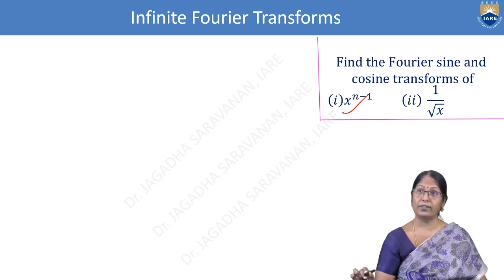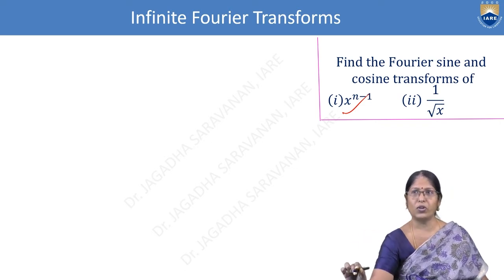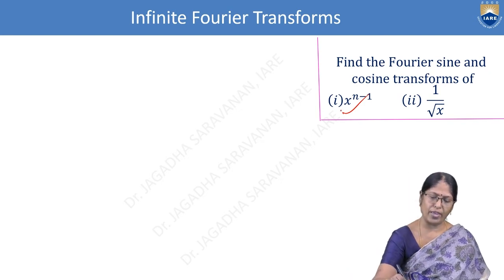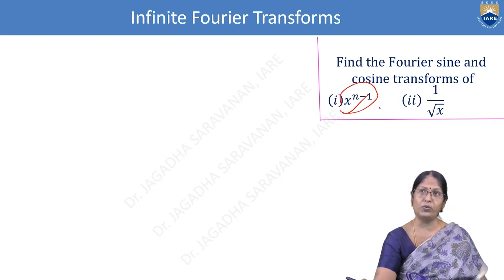That is also correct. But now we got a result for x power n minus 1. Why can't we use that result for solving the second problem?